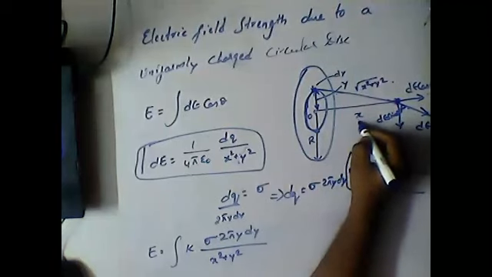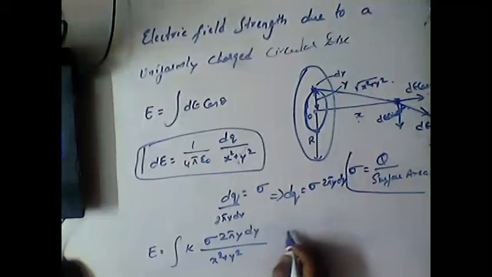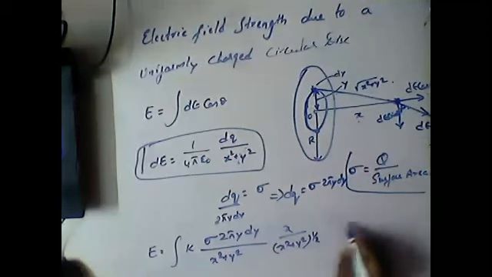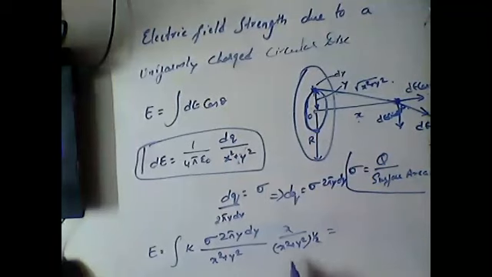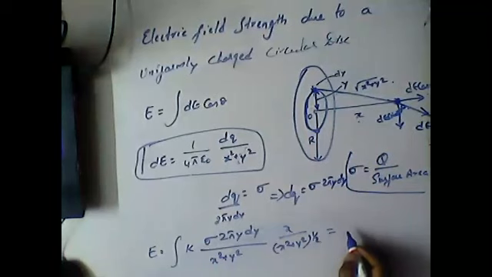Here cos theta is equal to the adjacent side by the hypotenuse, that is x by square root of x square plus y square, whole power 1 by 2. Overall, the common terms are the constants k, sigma, 2 pi and x.